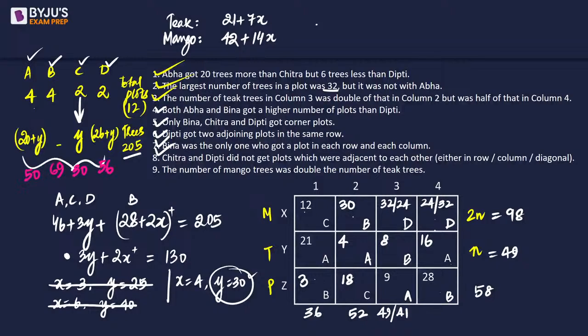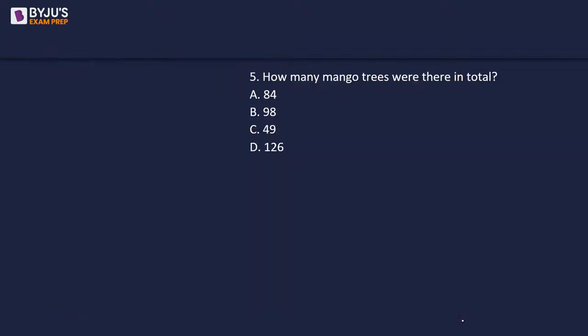Similarly, this is going to be 24 plus 16, which is 40, plus 28, 68. Or we will have 8 more, which will result in 76. So the total number of trees in each row and each column is also written down, and at every cell or at every plot, who owns it and how many trees every plot has, I have written that too. Let's look at the questions now.